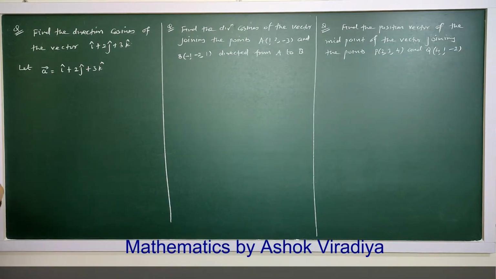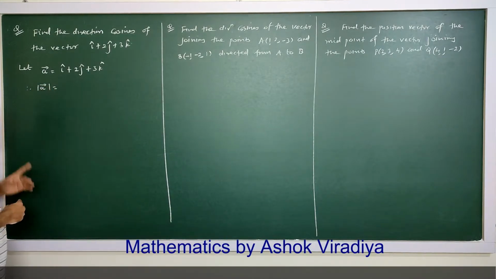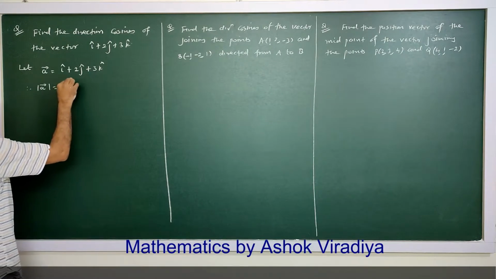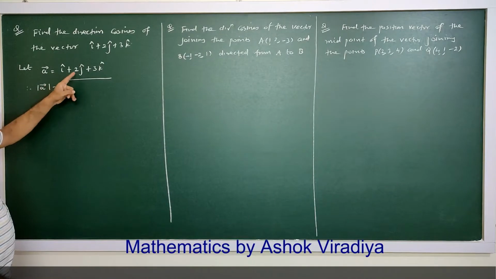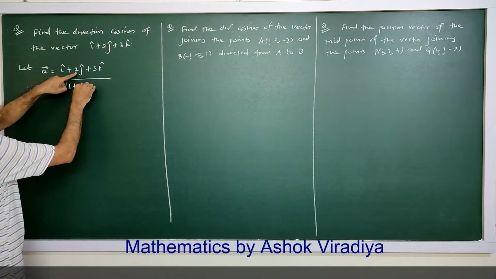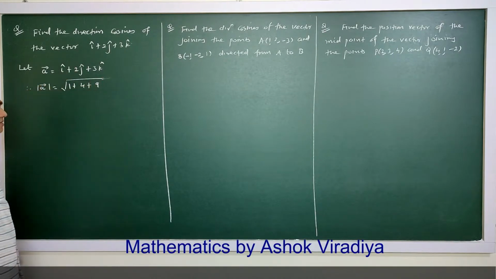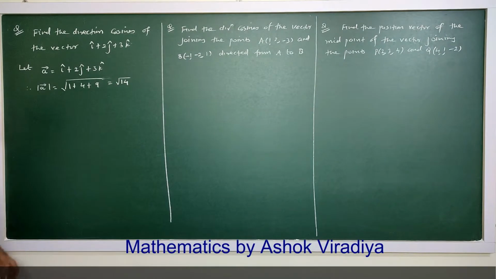To find direction cosines, first of all find the magnitude. The magnitude of this vector is the square root of the sum of squares of scalar components. 1 square is 1, 2 square is 4, 3 square is 9. It is square root of 14. So it is the magnitude of vector A.